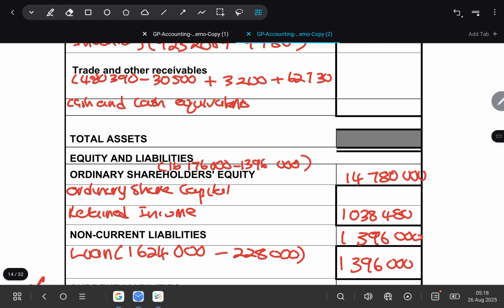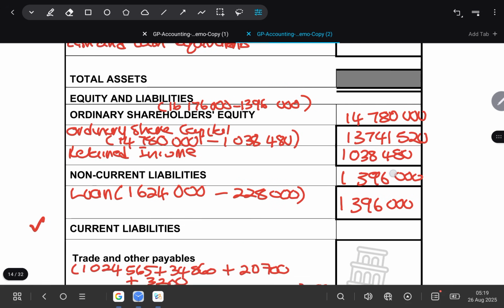So to get our ordinary share capital, we say 14,780,000 minus 1,038,480. It gives us 13,741,520. And this, by the way, was a high order question.